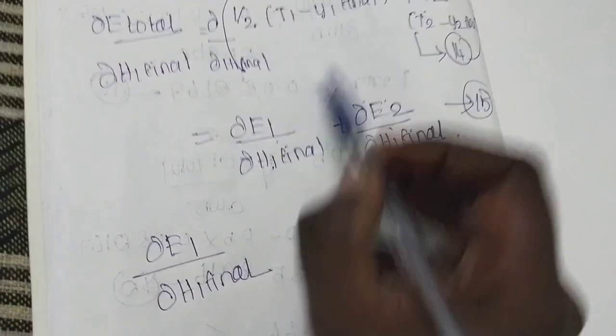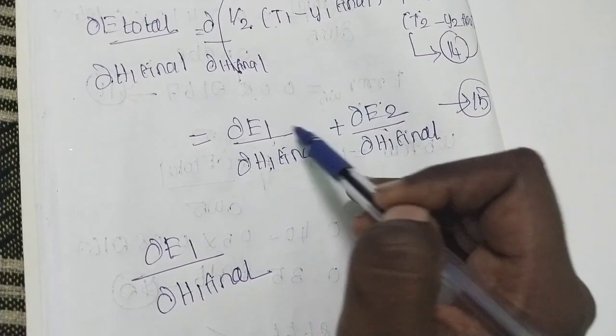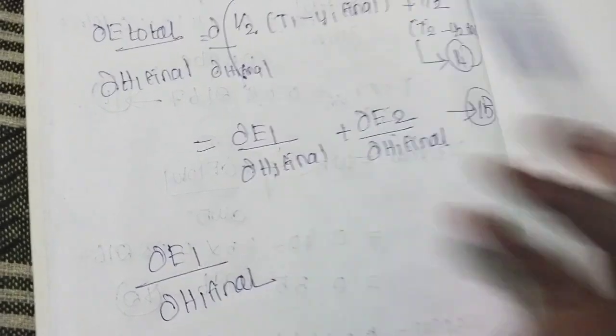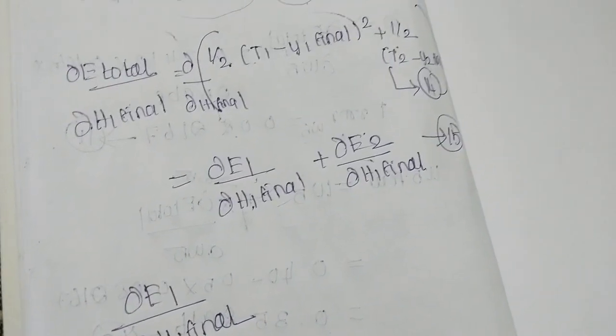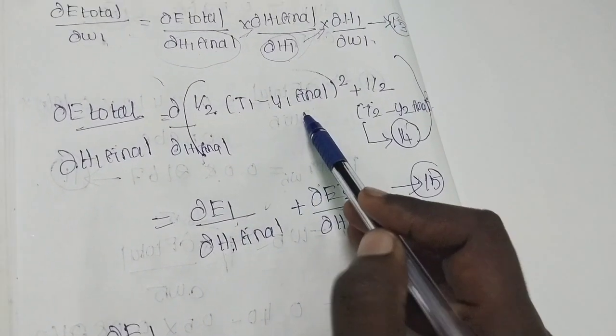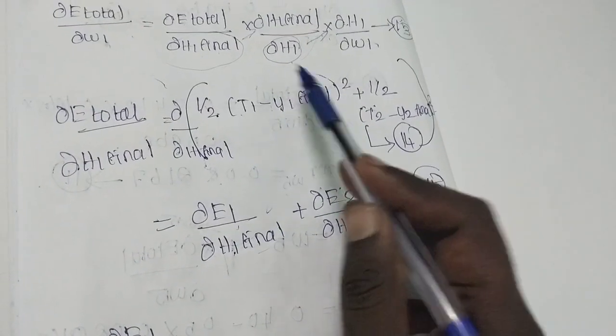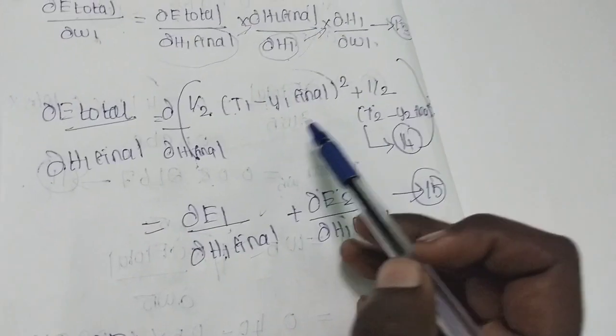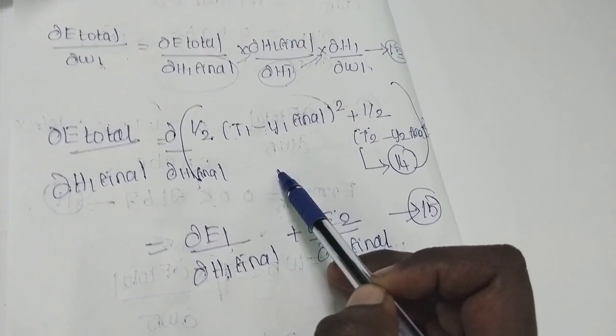The question says with respect to H1 final, but the expression does not contain H1 final directly. If it is not present, then partially differentiating gives 0, which is not correct.